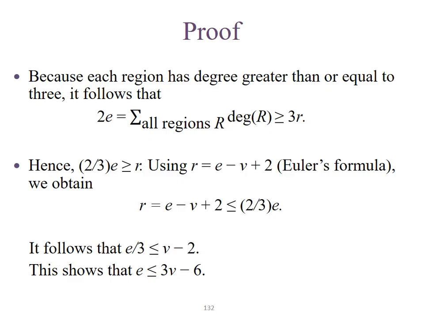Right? So we call this the first corollary. We can obtain this result directly from Euler's formula.